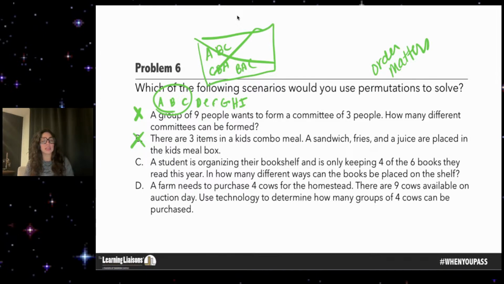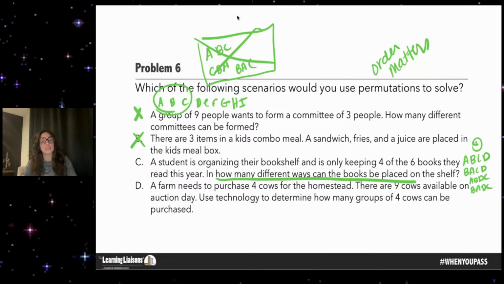A student is organizing their bookshelf and is only keeping 4 of the 6 books they read this year. In how many different ways can the books be placed on the shelf? So if they are only keeping 4 books, but they want to know how many different ways those books can be placed on the shelf, I could put book A, B, C, D, if those are the 4 books I'm keeping, but then I could also do B, A, C, D, but then I could also do A, B, D, C, but then I could also do B, A, D, C, right?